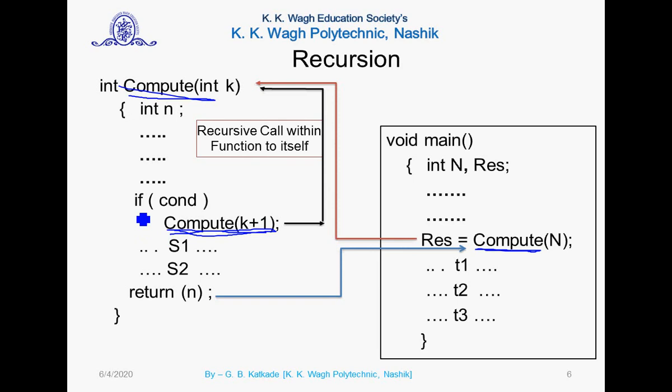This condition should become false at least once for one situation. When it becomes false, the call will not be made. Then the statements s1, s2 up to return n will be executed, but the execution of s1, s2, sn up to return will be slightly different compared to the normal execution of the program. Let us see in the next slide how it will be different.